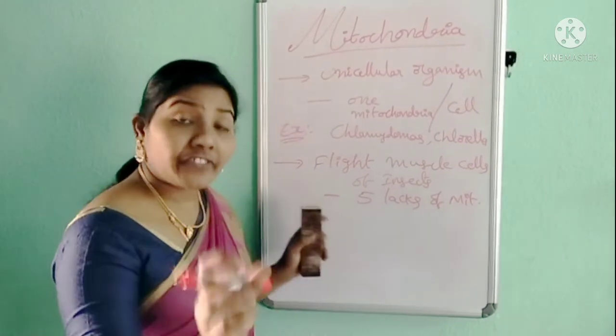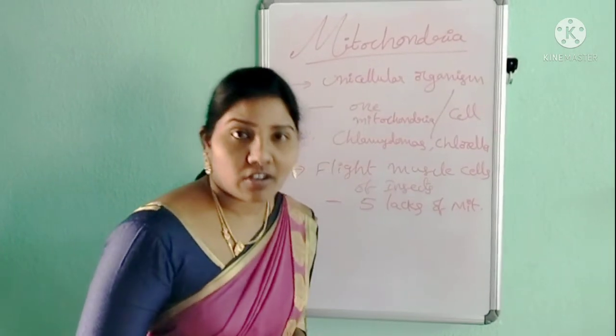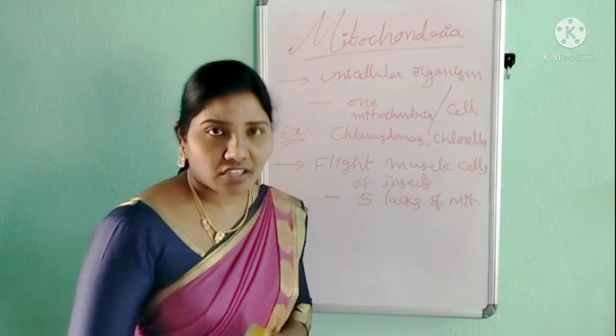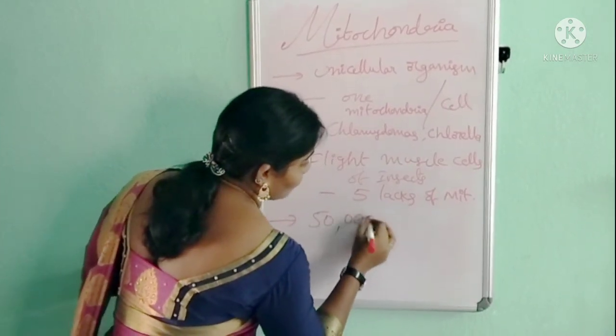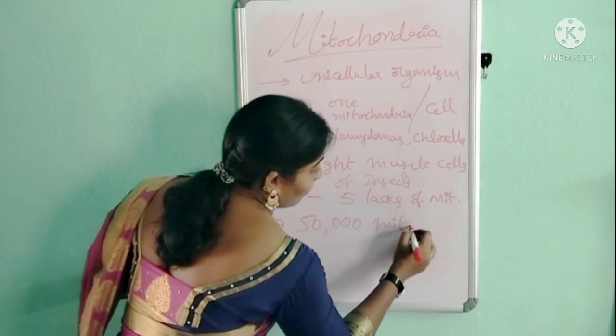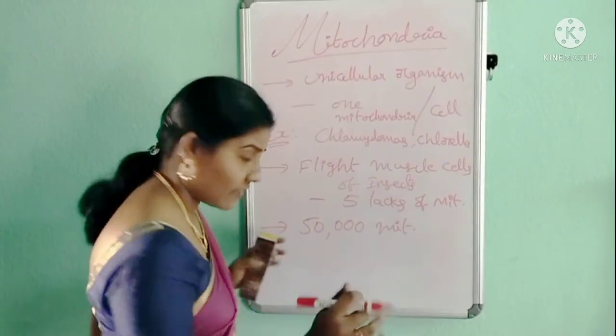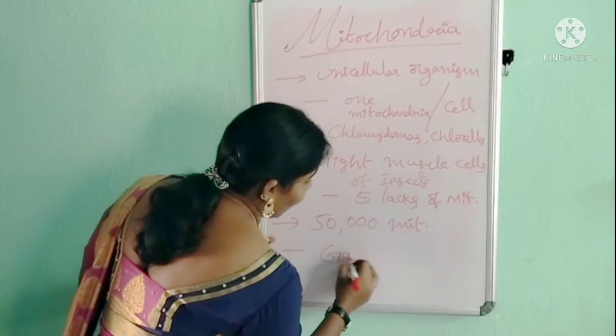Then 50,000 mitochondria are present in some organisms. The next number is 50,000 mitochondria present in some organisms, for example, giant amoeba.